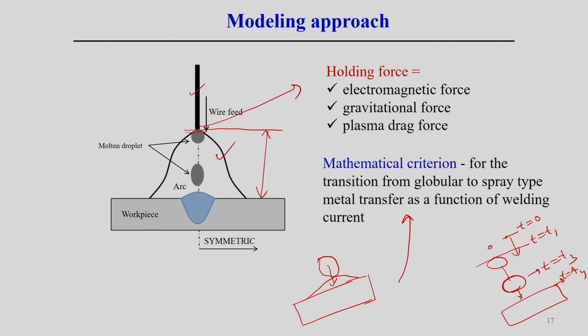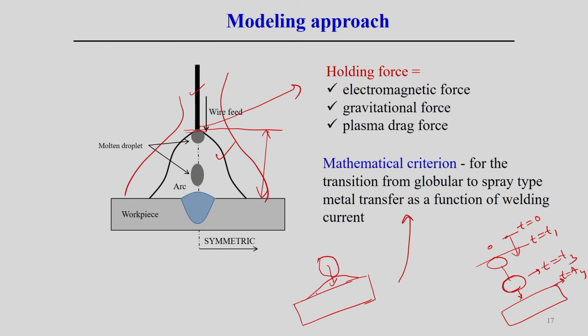Now, apart from the arc, it is associated with some sort of shielding gas also, which we are not showing here. So, the shielding gas is also interacting in this process. The flow of the shielding gas can also be modeled simply by solving the momentum equation. Then we can predict the flow field of the shielding gas, because this arc pressure and the flow field from the shielding gas actually influence the free surface profile on the workpiece surface.